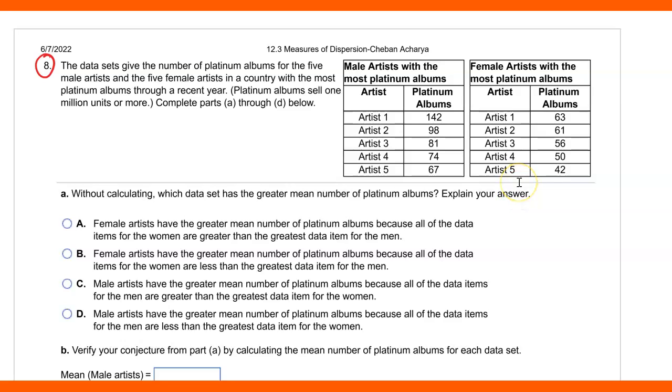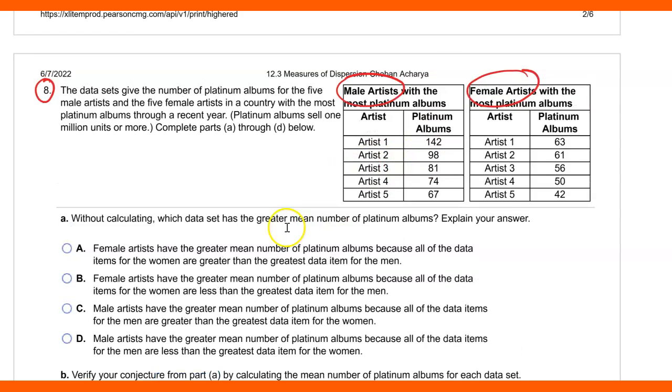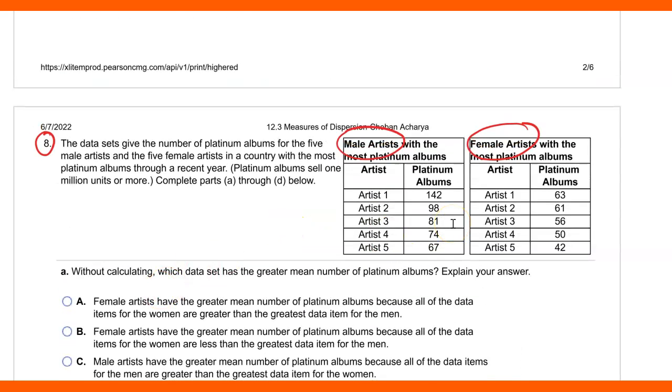Explain your answer. Do male artists or female artists have the greater mean number of platinum albums? What do you guys think? Can you look at the data items and tell me which has a greater mean? Without calculating, don't do the mean. You know how to find the mean, by the way, but without doing the mean, which one has a greater mean? Male artists or female?